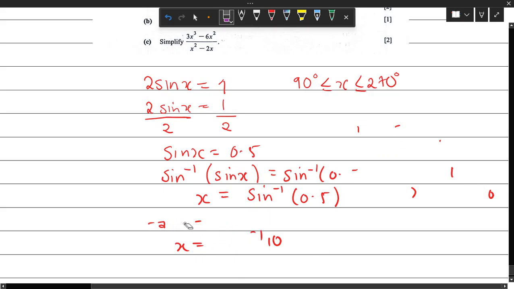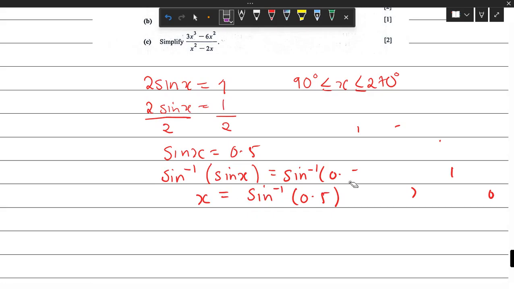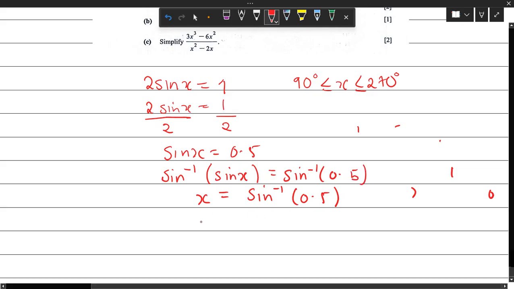Now we can get back to our question. So it's 0.5 here. How do you press sine inverse on your calculator?